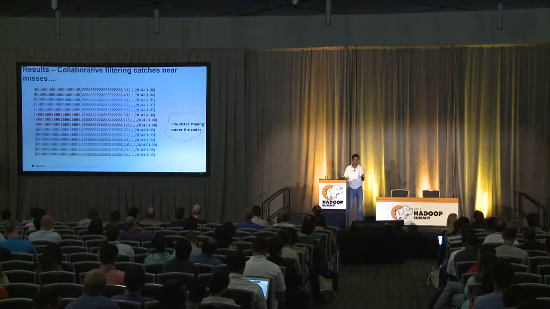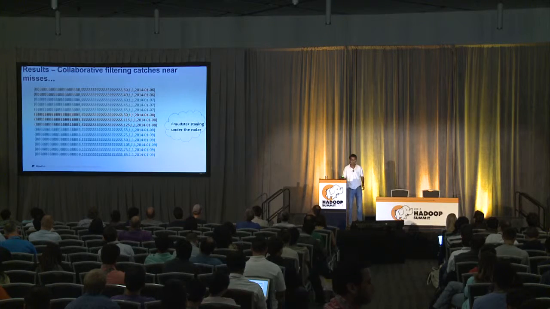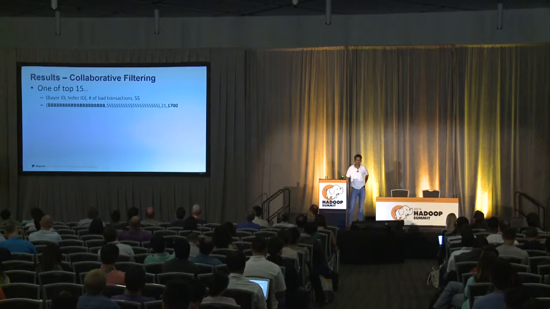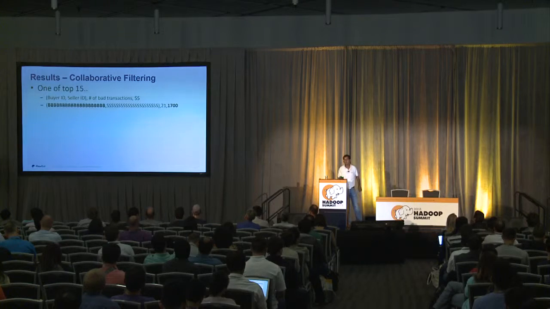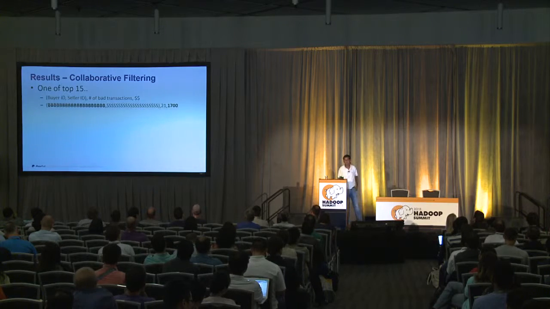You can see this particular buyer and seller always transacting amounts less than a particular threshold, and it went on for about 21 transactions and resulted in a net loss of 1,700. The collusion model which I built was able to catch this fraudster. This is a small example, but I'm continuing with this experiment.